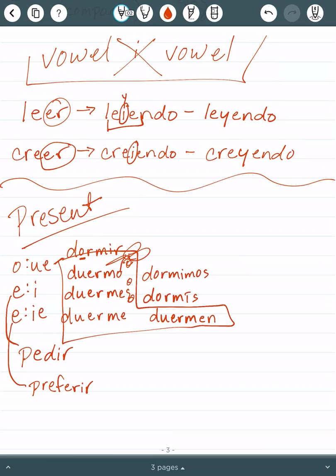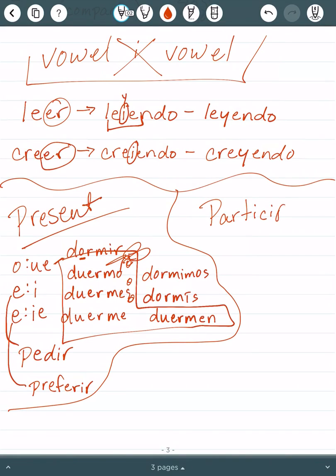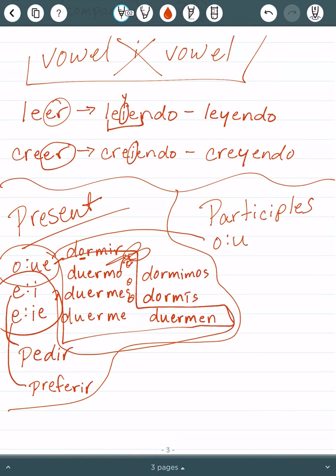So that said, that's present tense. With present participles, if it was an O to UE in the present tense, it's going to be O to U as a participle. If it is E to I or E to IE, it is going to be E to I as a participle.